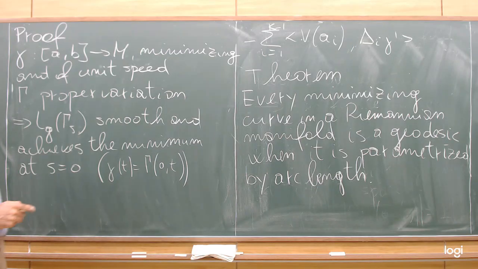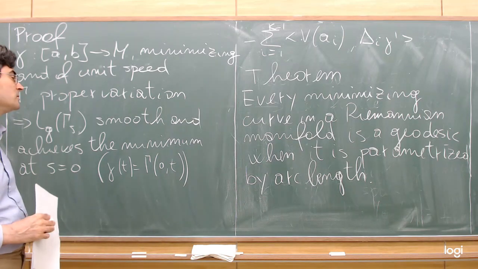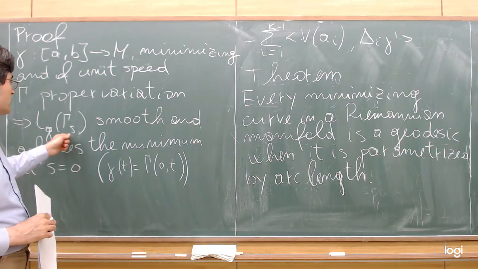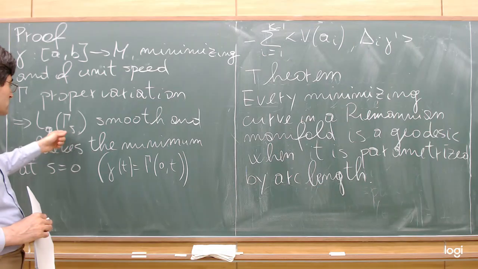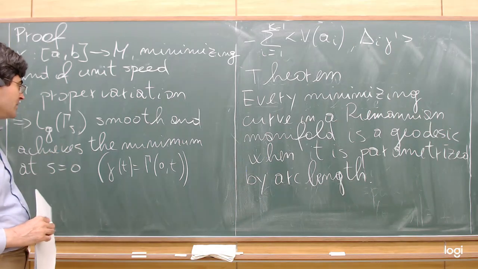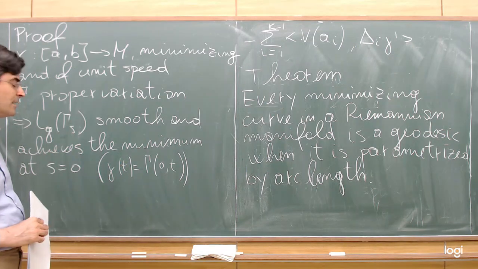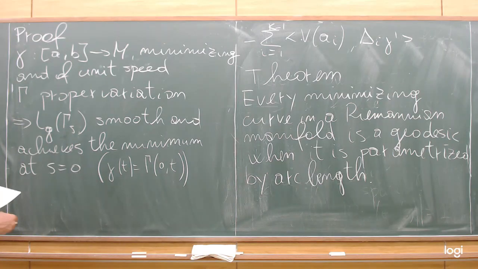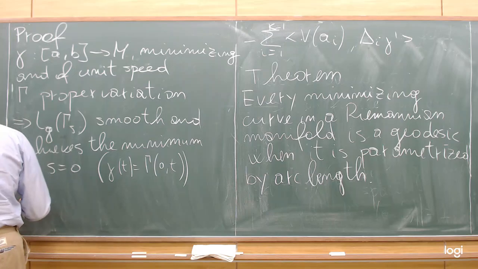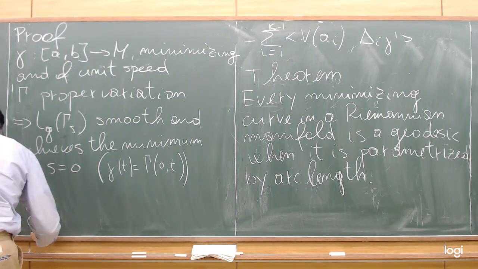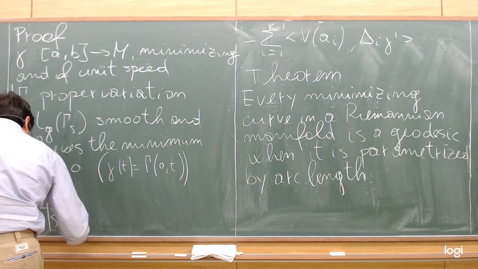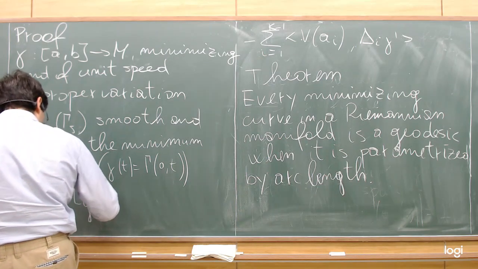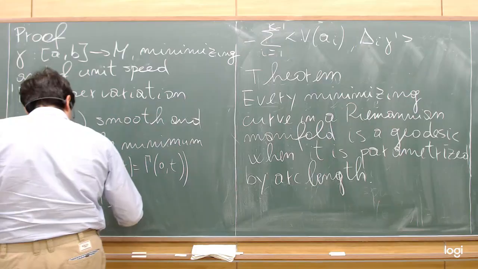Please observe that in the proof we will not use that this functional, the length functional, is a minimum, but just a critical point. That is, d/ds at s equals 0 of the length of gamma s, this is 0.